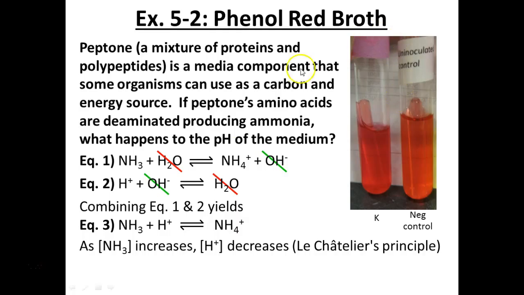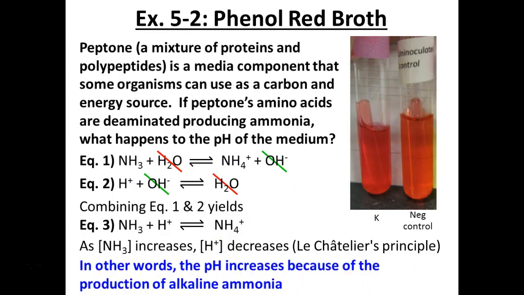Right. And of course, remember, if pH increases, hydrogen ion concentration actually decreases. Right, so alkaline, ammonia. It actually absorbs the hydrogen ion. See how it becomes positively charged, that ammonia?